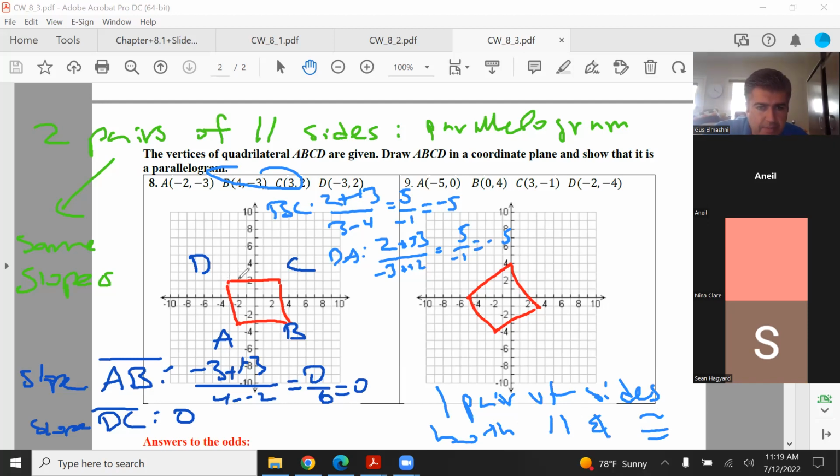And we know DC, by the looks of it, has a length of 6. And AB also has a length of 6. So same slope and same length, that's also good enough too.